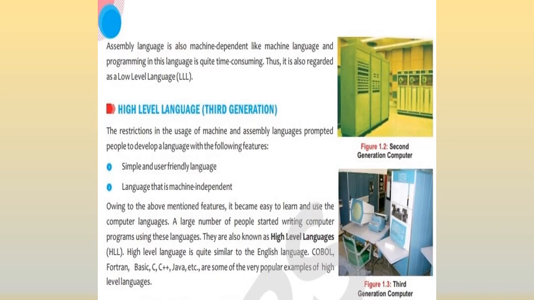Next, high level language. High level language is simply a user friendly language and a language that is machine independent. Machine independent means we can make our program on any machine and execute it on another machine.